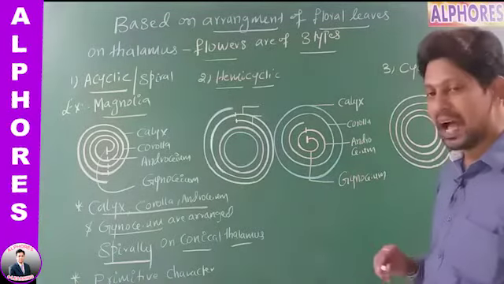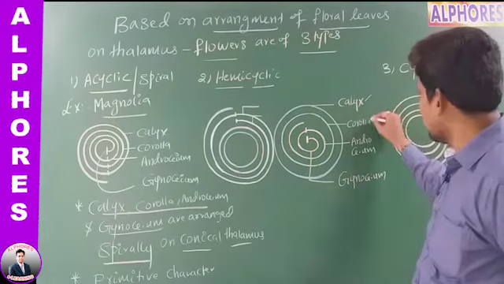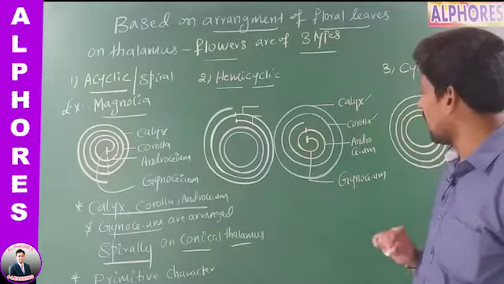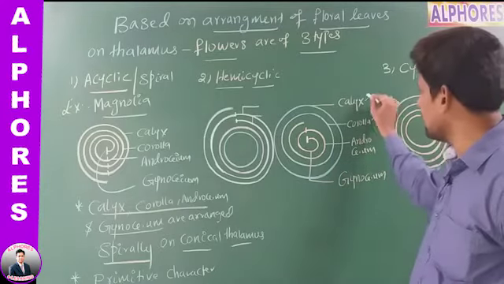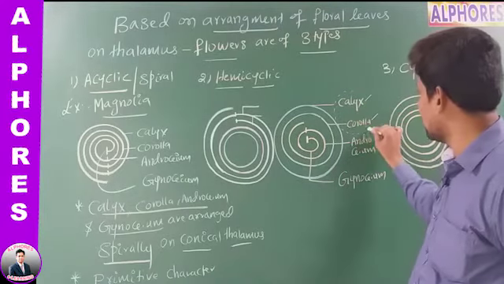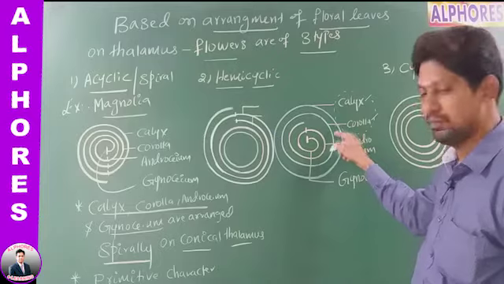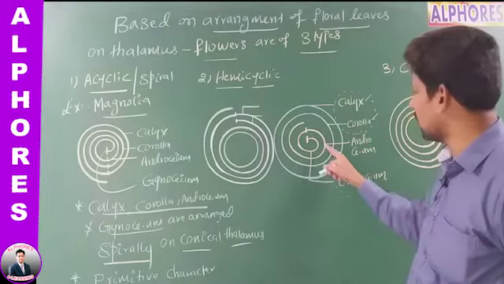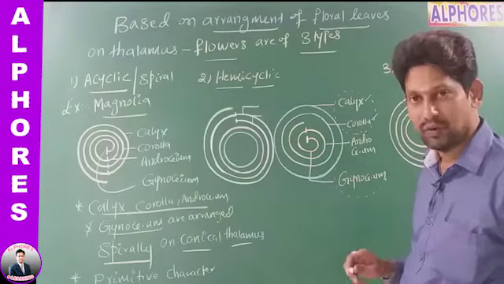Therefore, in this diagram, calyx and corolla are arranged in a cyclic manner, whereas androecium and gynoecium are arranged spirally.